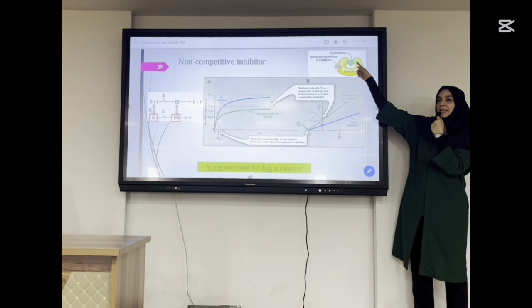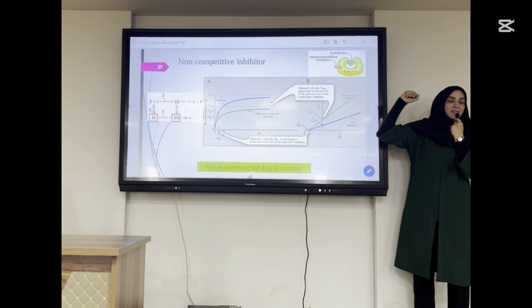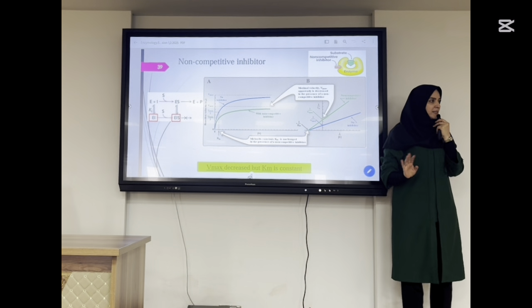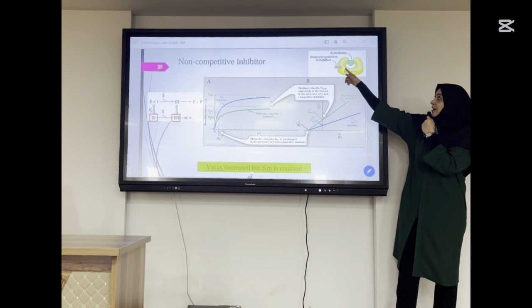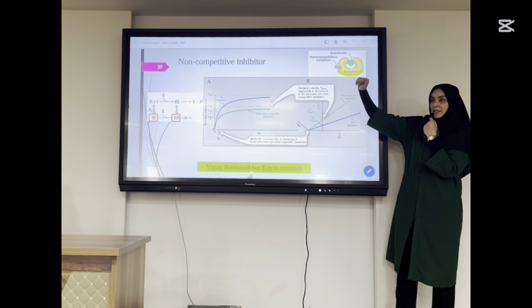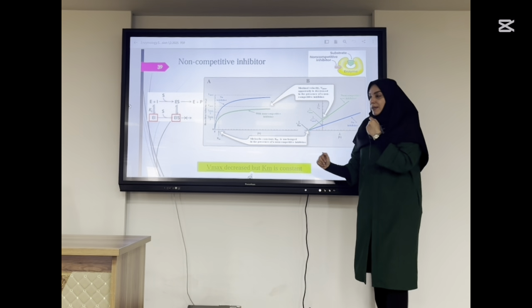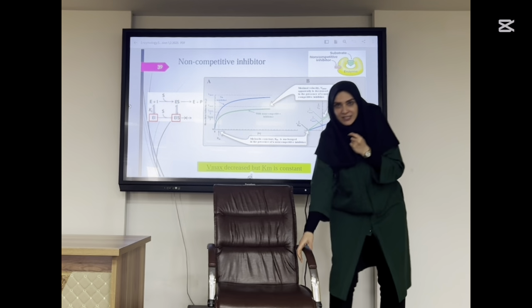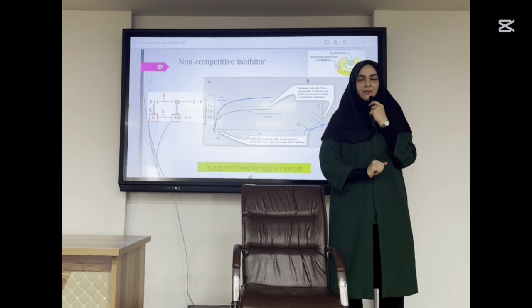As your friend mentioned, the difference between competitive and non-competitive: in competitive inhibition, substrate and inhibitor both bind to the active site. But in non-competitive, there is no competition. We have another site rather than the substrate site. I mention that again. This is the enzyme, and here is the active site.